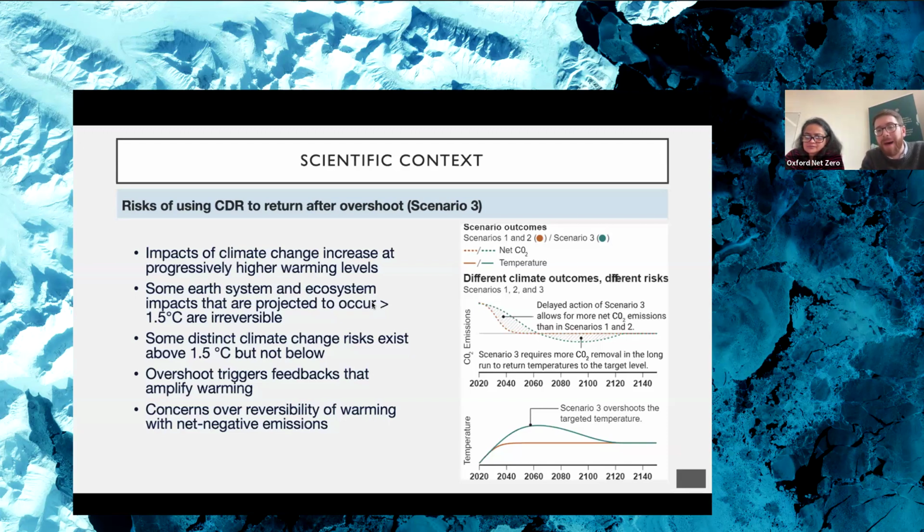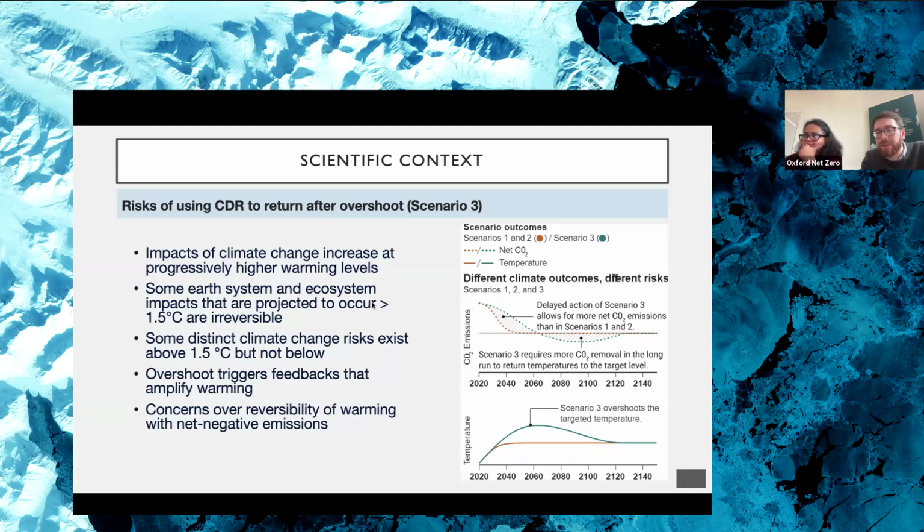So even if we come back below 1.5 degrees, we might still see the loss of coral reefs, the loss of ice sheets and mountain glaciers. And there are some distinct risks above 1.5 that we wouldn't see below it, like species extinctions and the shifting range for diseases. And of course, one of the biggest issues is that during the period of overshoot, we're more likely to trigger feedbacks that amplify further warming.